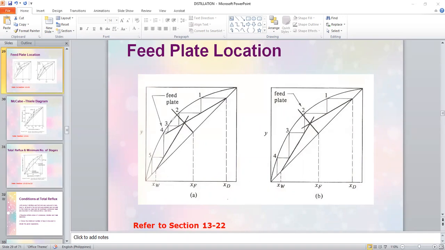stepwise process or the stair-like line, you don't finish it until the part wherein you have already ended the way you have drawn your enriching section operating line. At the very first opportunity where the intersection of the three operating lines met that you can transfer to the next section, you do that.